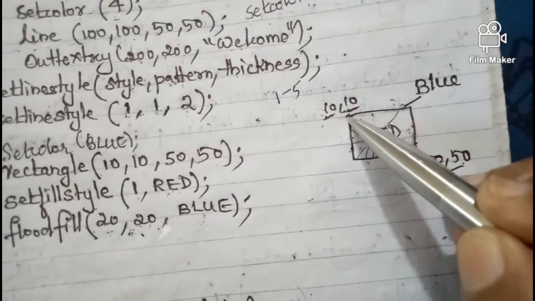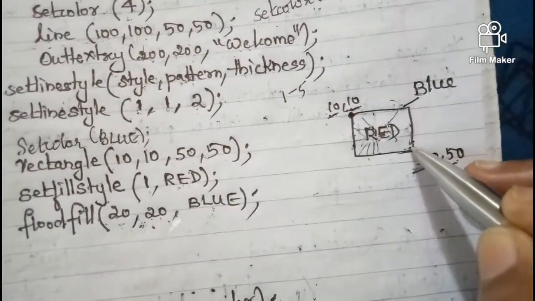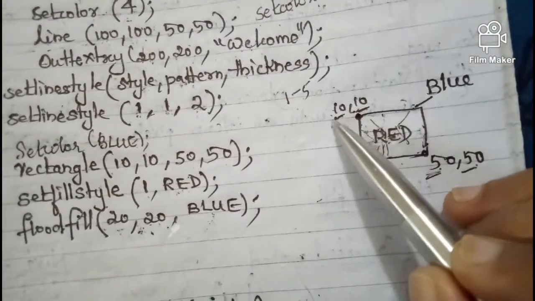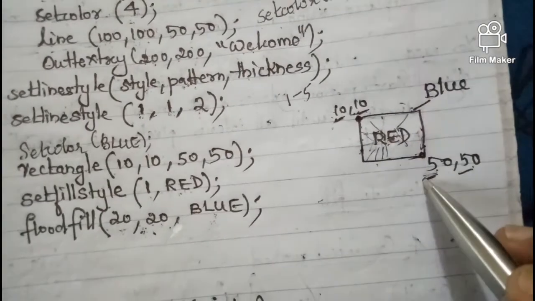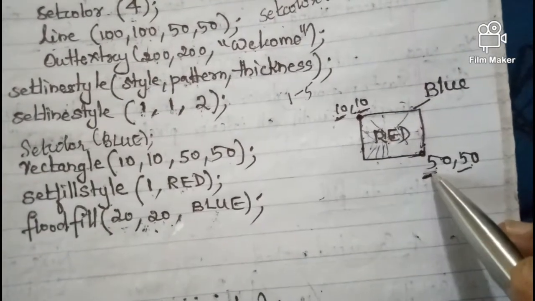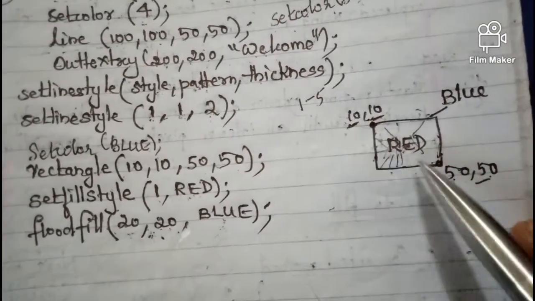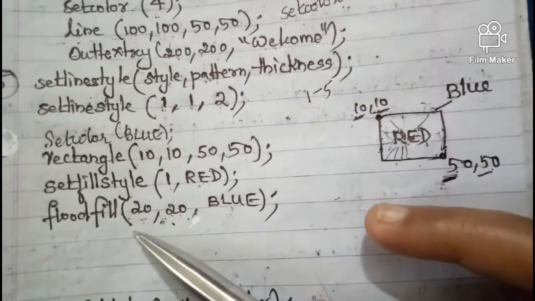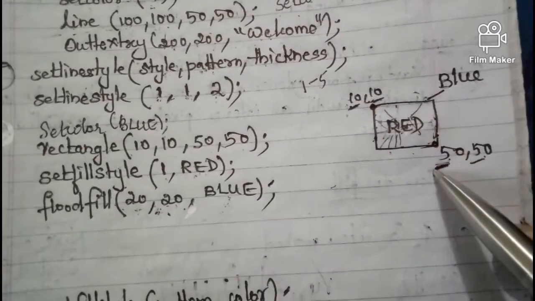This is the corner point, top left corner point of rectangle, and this is the bottom right corner point of the rectangle. From this it is clear that the value of x minimum is 10 and value of x maximum is 50. So the x value should lie between 10 and 50. Let it be 20, because 20 is a value that lies between 10 and 50.